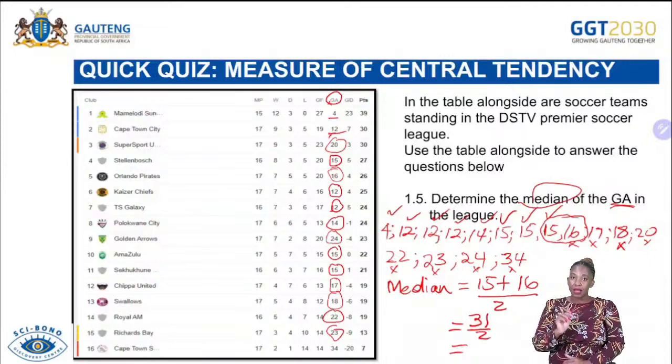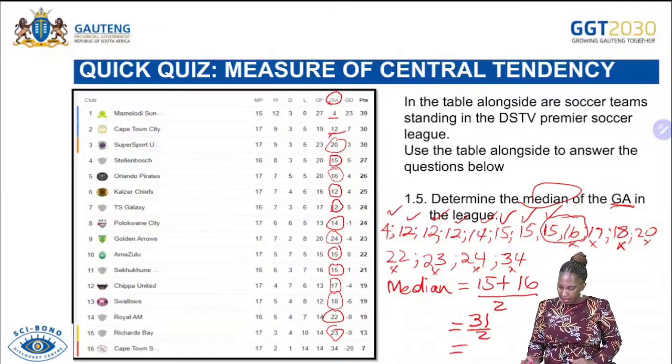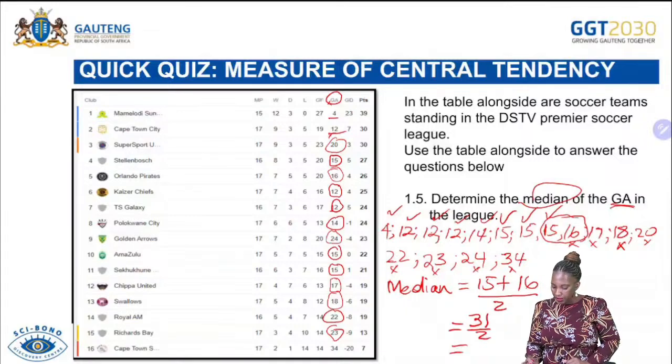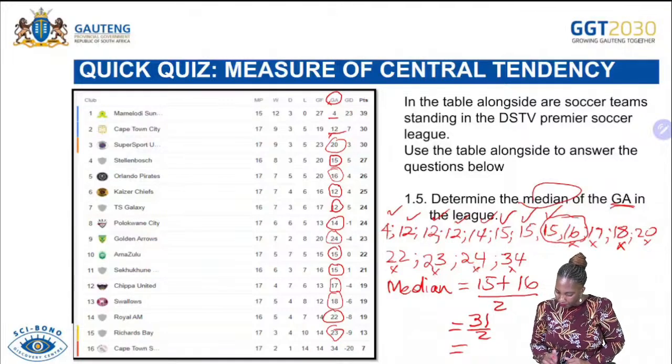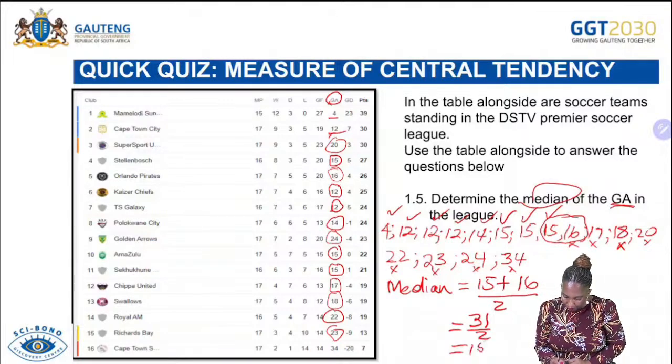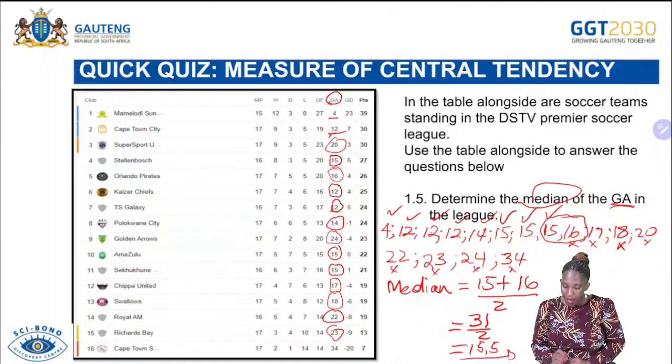Can you see I'm doing it step by step, because we do allocate a mark for showing all your calculations. Then 31 divided by 2, our answer will be 15,5. This will be our median.